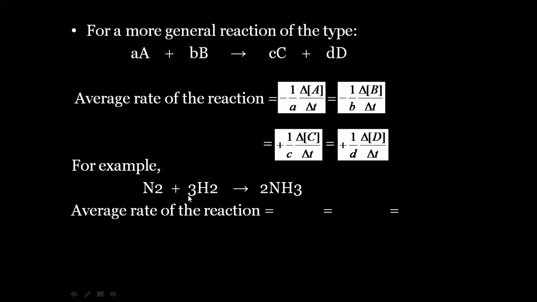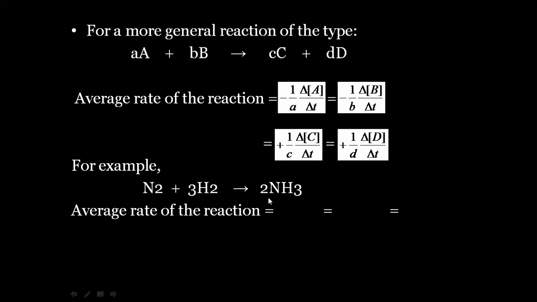If you take this formation of ammonia, take a particular instant or time interval where 1 mole of nitrogen is reacting. At that time, how many moles of hydrogen will react? 3 moles. And how many moles of ammonia will form? 2 moles.